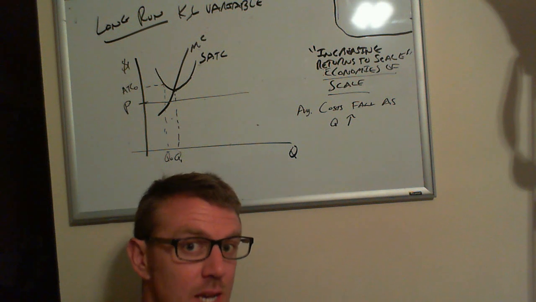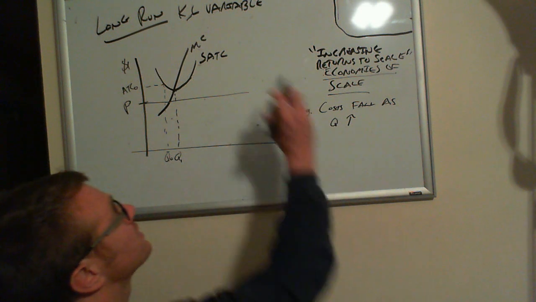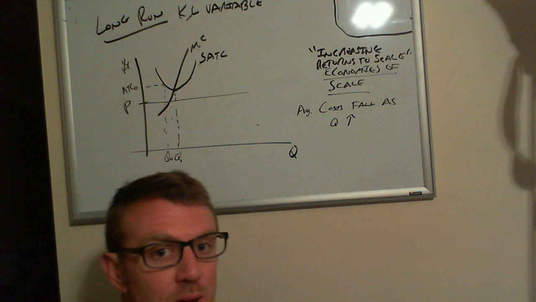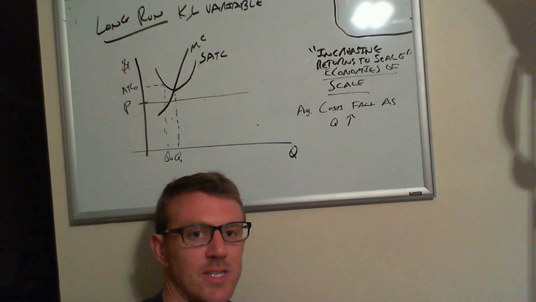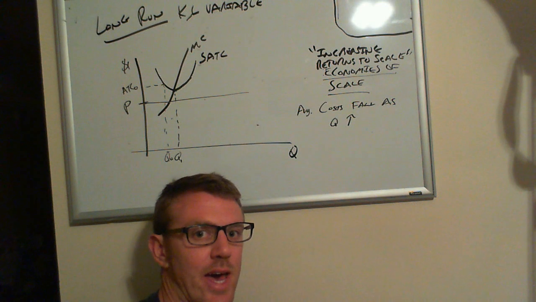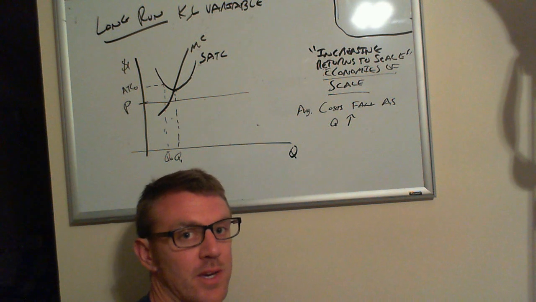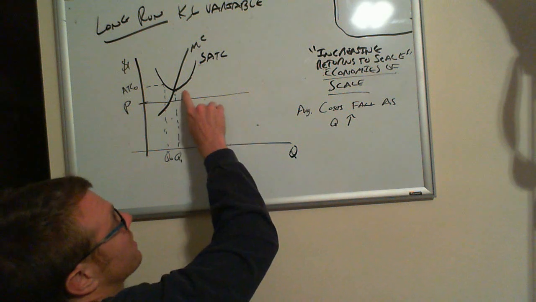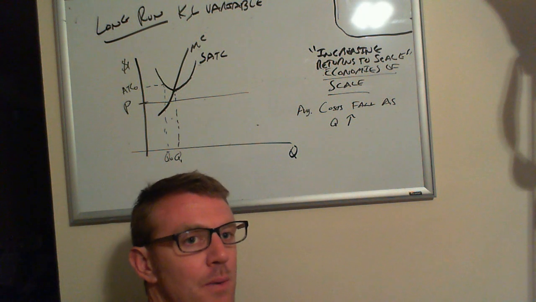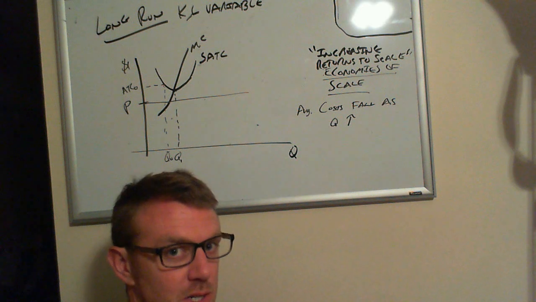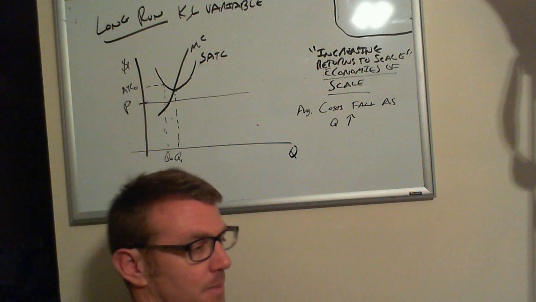Well, fortunately, in the long run, the firm can choose to change K as well as L. So instead of staying in the small establishment that eventually stops our workers from being increasingly productive and makes our costs start growing, let's build another place. Let's get bigger. That way when we hire more workers, they too can specialize instead of running into one another.